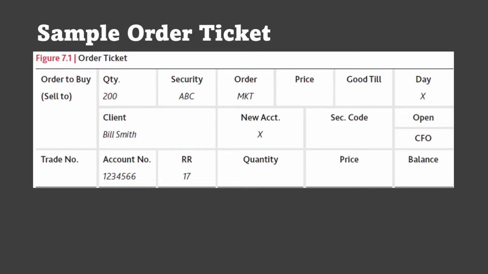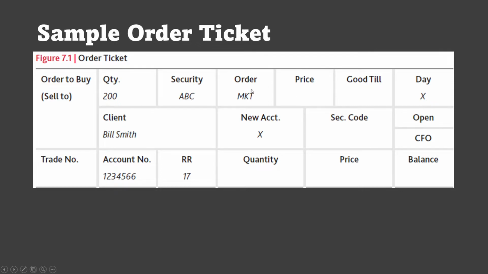And here's an example of a sample order ticket. Of course, you will probably be filling these out online or on a system and not by hand on an order ticket, but you have all of the important information. You have the quantity that you're looking to buy. You have the security that you're buying, the order, whether it's a market order, limit order, stop order, whatever.